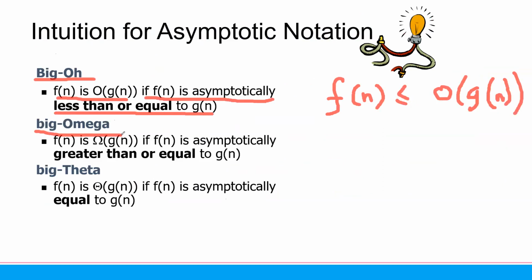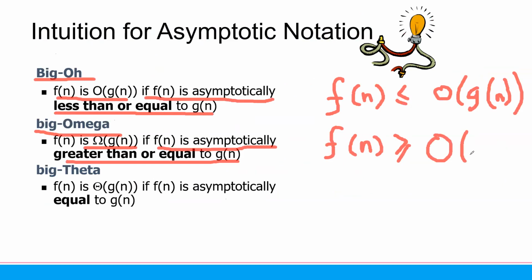Big omega: f(n) is omega of g(n) if f(n) is asymptotically greater than or equal to g(n). And we have f(n) greater than or equal to g(n).